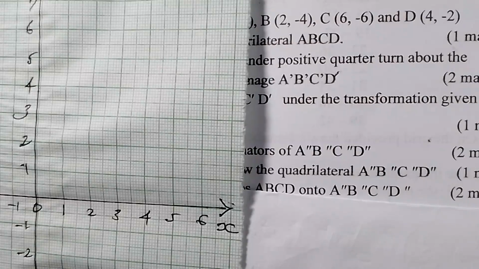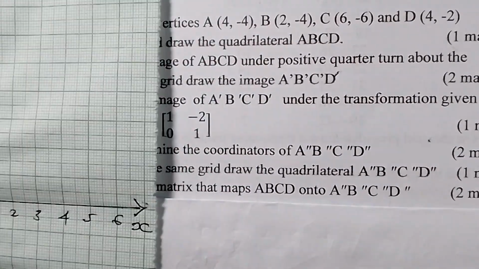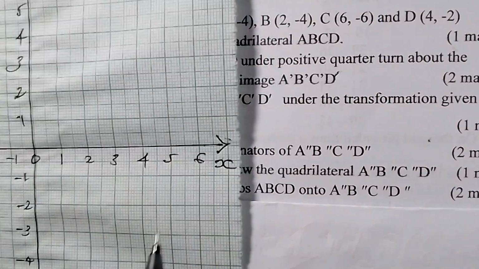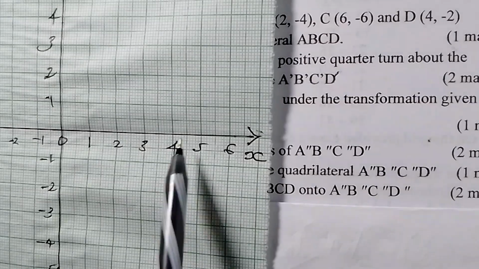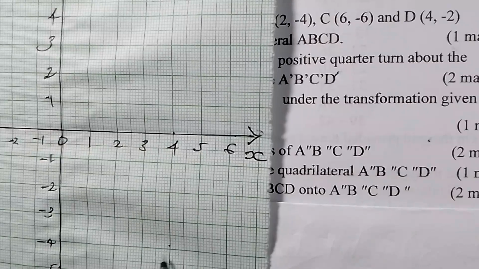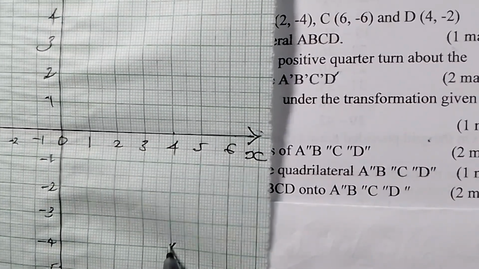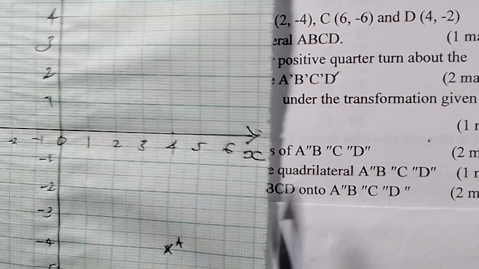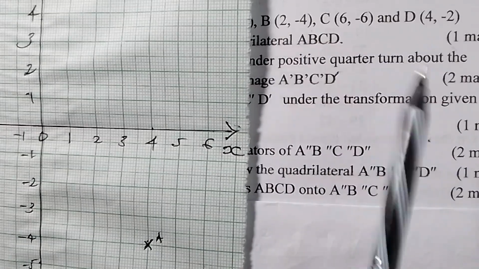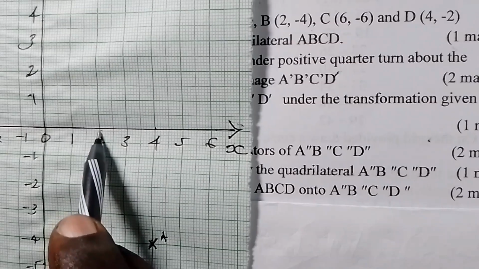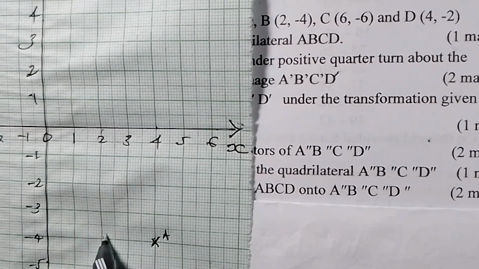Therefore, we can now plot the points. The point A is 4, negative 4. Put a mark here. B is 2, negative 4.